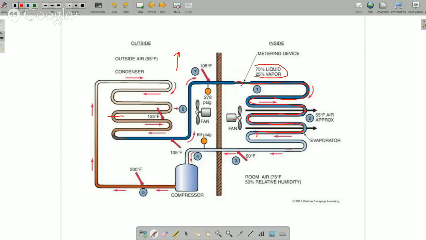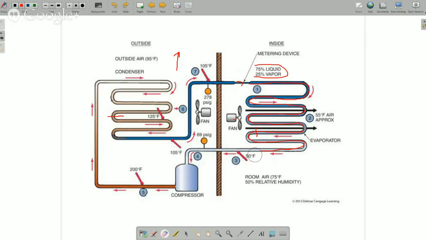There's still liquid in the system, and it works its way down here. It's still liquid and vapor because it's overcharged. And we bring liquid back to the compressor, and it might only be 10% liquid and 90% vapor, but we still have liquid nonetheless.